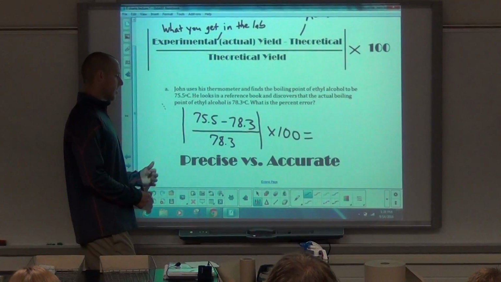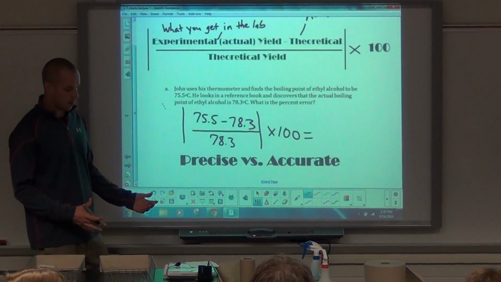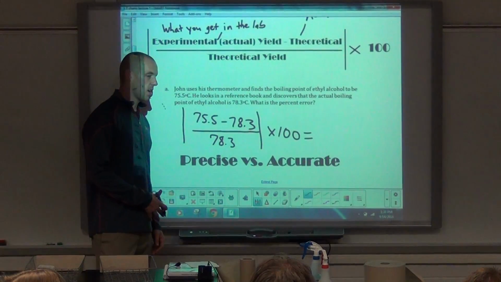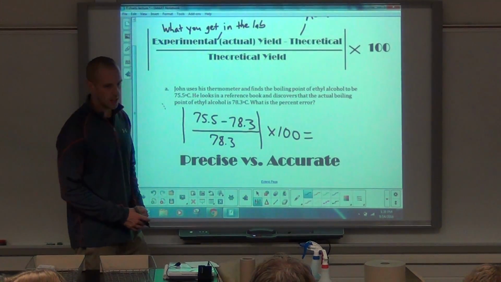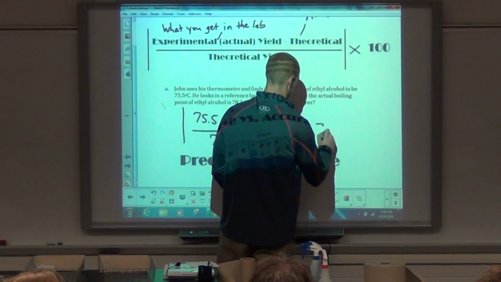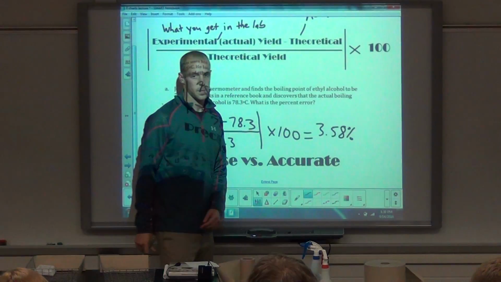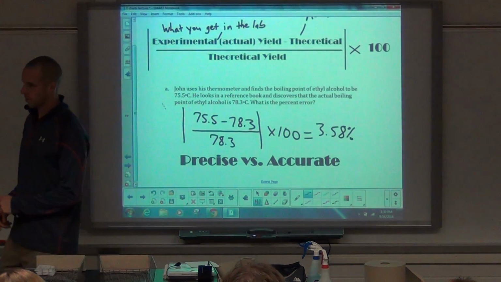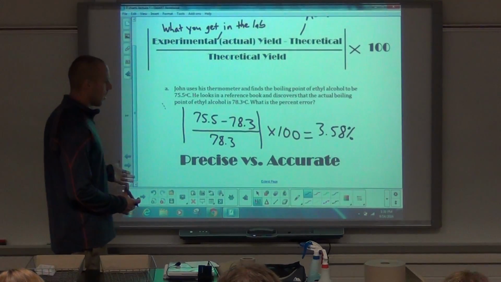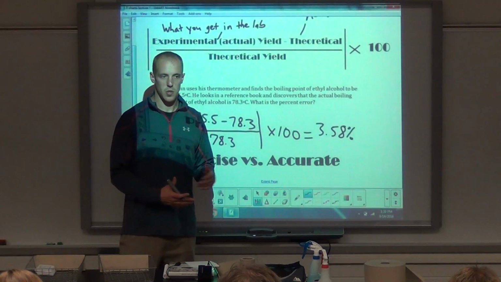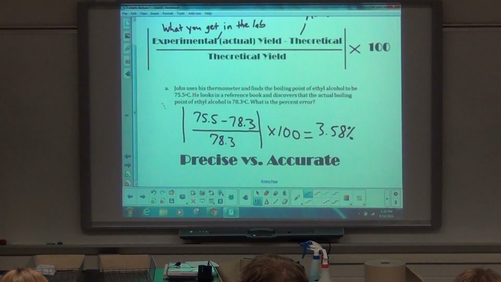Okay, so when we do this, we're going to get negative 0.0358. Take the absolute value of it, times it by 100, we get 3.58% error. So he was pretty accurate in the lab. Okay, anything generally speaking between 0 and 5% is a very good percent error.